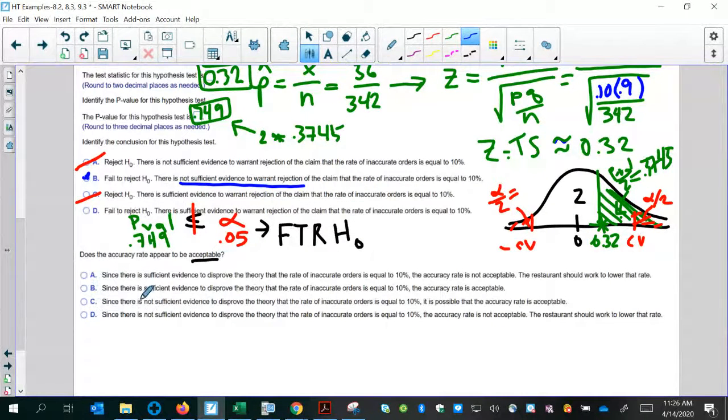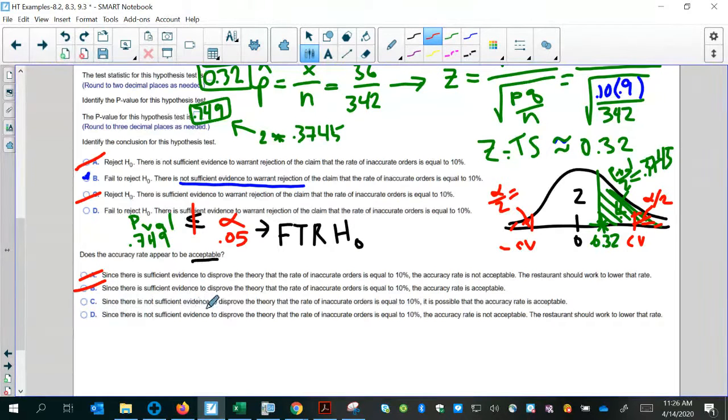Okay, let's eliminate some options here. Since there is sufficient evidence to disprove the theory that the rate of inaccurate orders is equal to 10%. No, there was not sufficient evidence for that. So that's not going to be one of the choices. Okay, since there is sufficient evidence to disprove, no, that one doesn't seem right either.